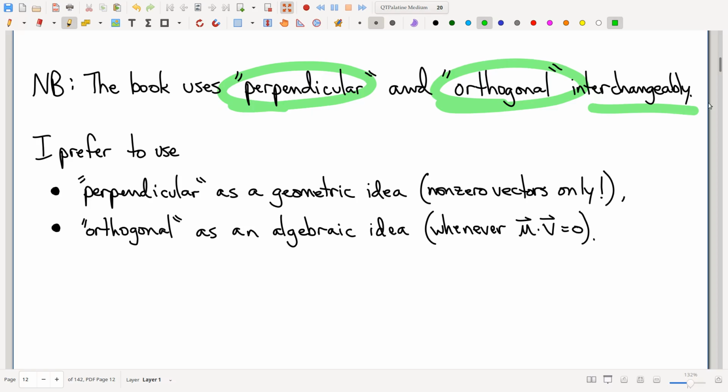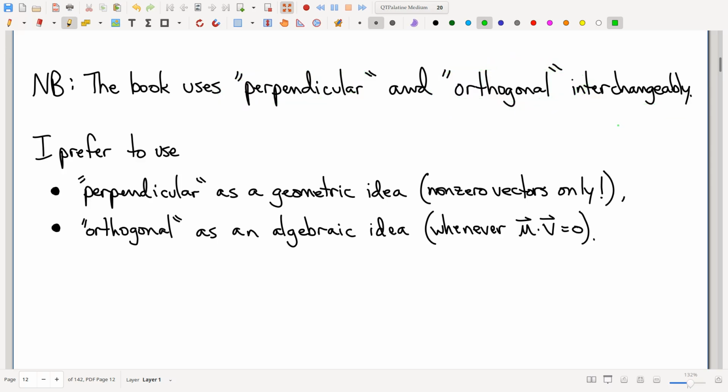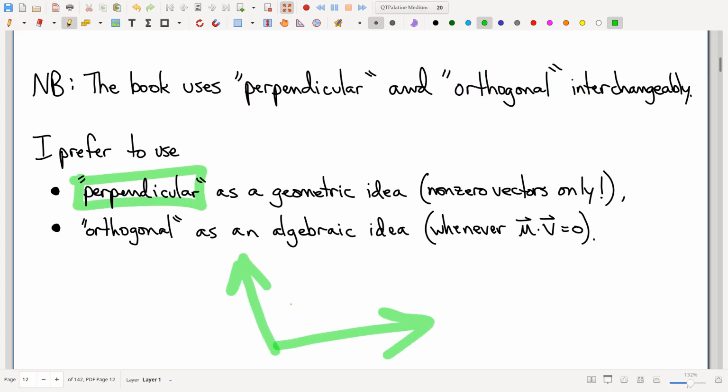Right? So in fact, there are two fundamentally different ideas that are in play here. There is the geometric concept of there being an angle, and that angle being a certain kind of angle, namely a right angle. Right? So this is intrinsically a geometric idea.